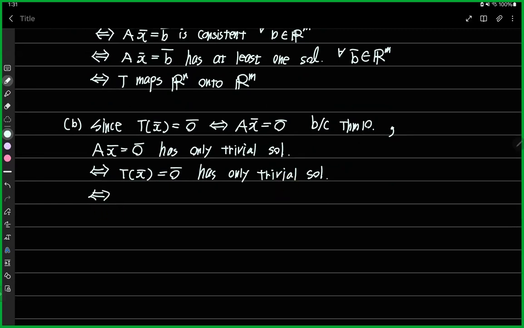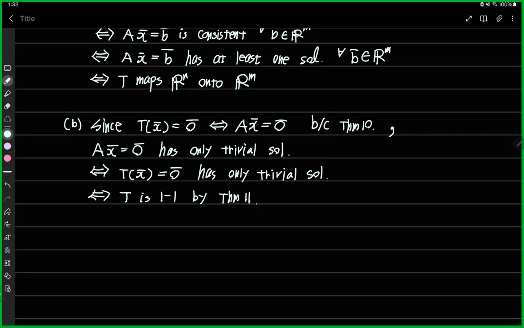Then by Theorem 11, T must be one-to-one. That's why I proved Theorems 10 and 11 first: to prove the second statement of Theorem 12, we use Theorems 10 and 11.